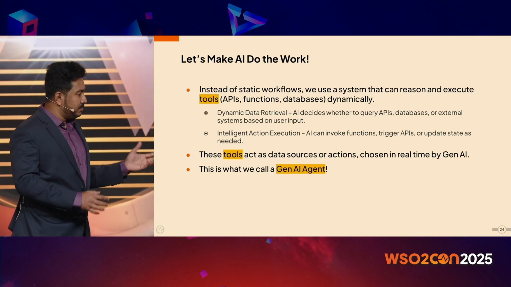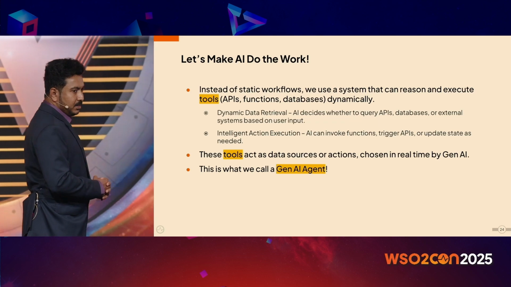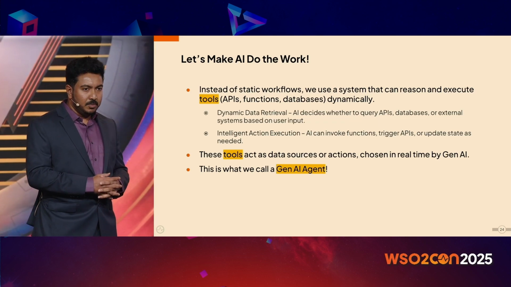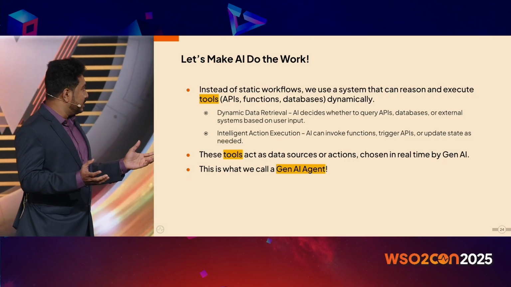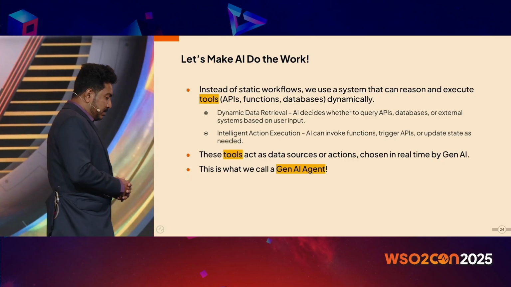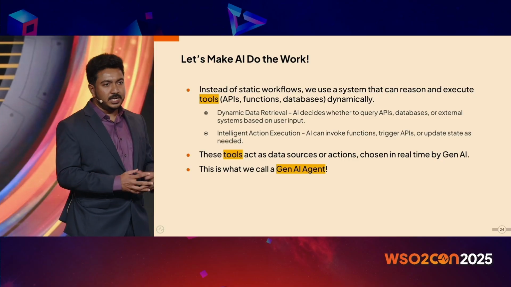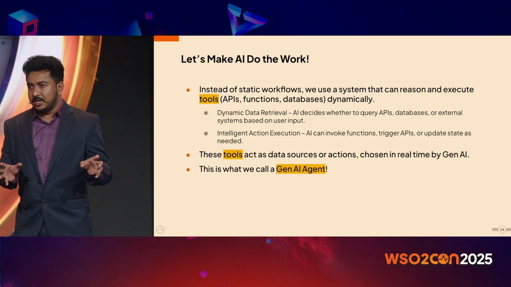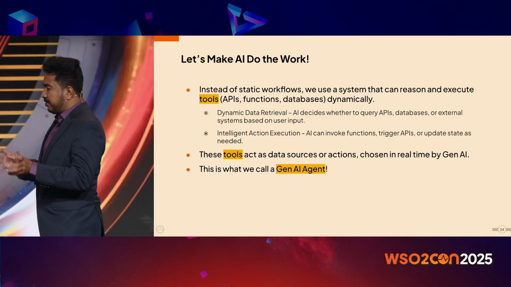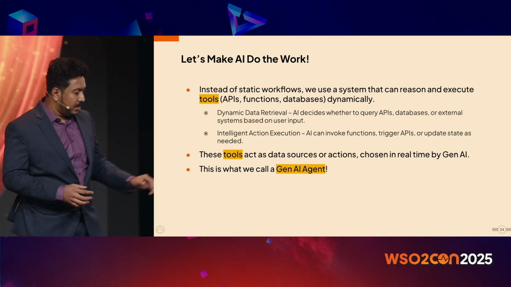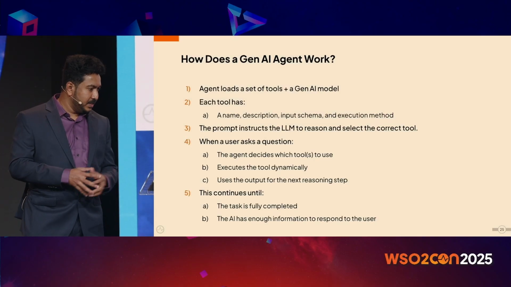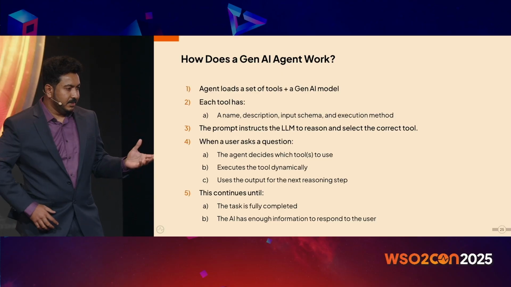With these tools, we can do dynamic data retrieval, or certain operations. We let the LLM decide which tools it wants to execute, and we will execute them on its behalf and then feed the data back to the LLM. So that's the basic idea. We will go deeper into that a little bit, so we will understand it very clearly.